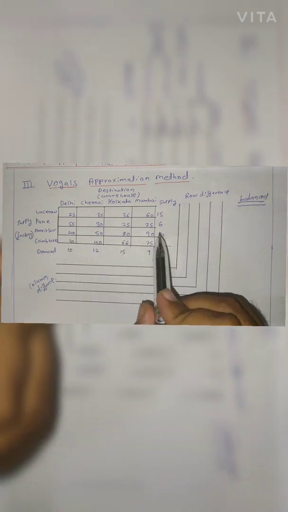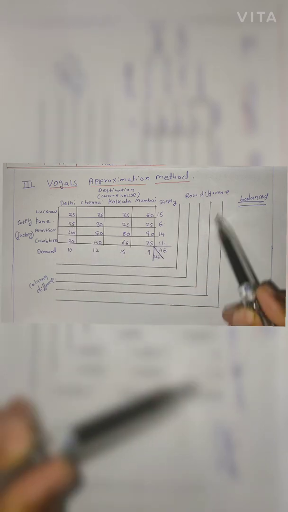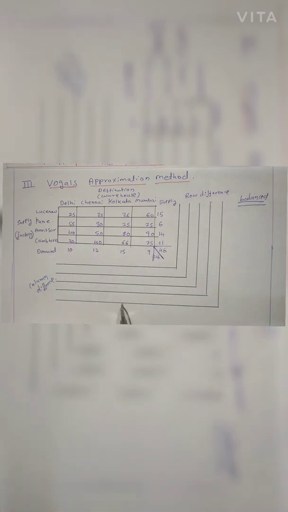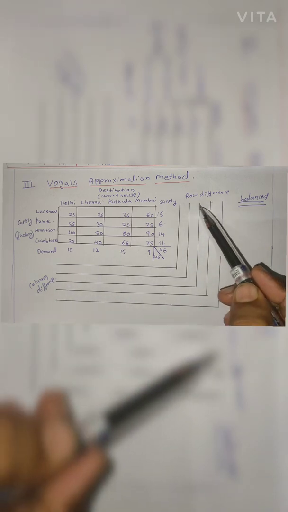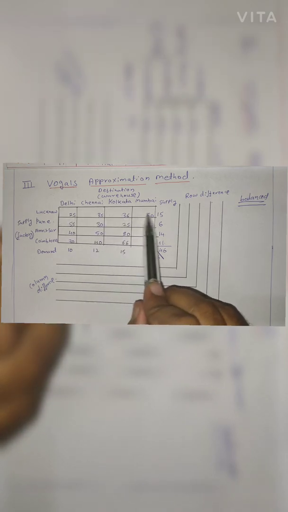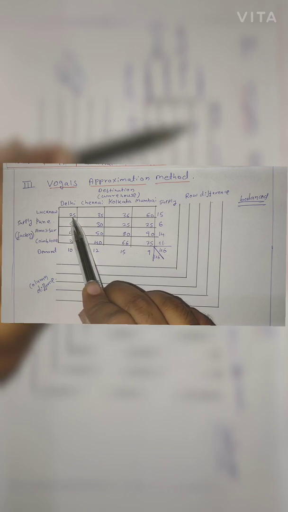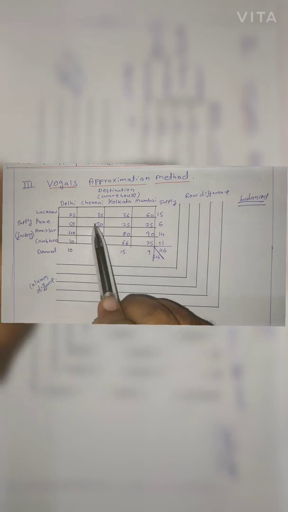Now let us see how we solve this problem in Vogel's approximation method. In this method you can see these extra lines over here. These are to find the row difference and the column difference. How do we find the row difference? In the first case, let's see in this row which is the lowest value. Here the lowest value is 25. Which is the second lowest value?